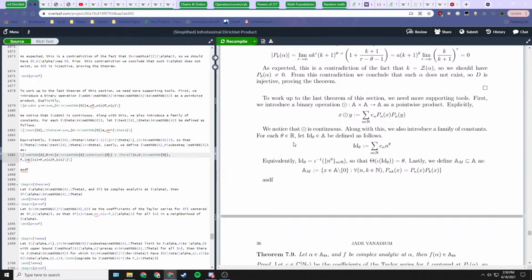And then we also notice that each ID sub theta is in A sub n. Okay, so this will support, or rather, what do we want to say?